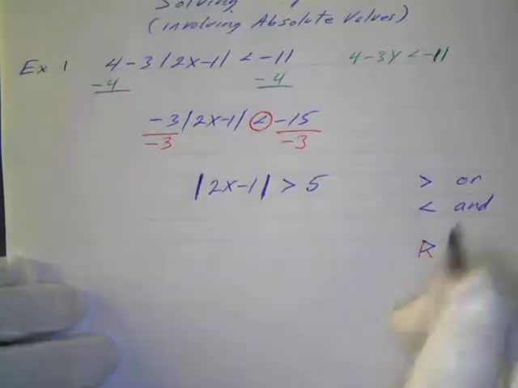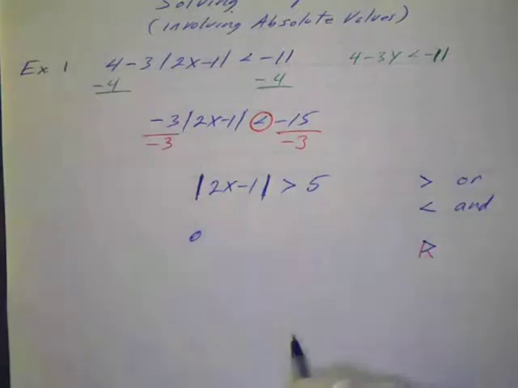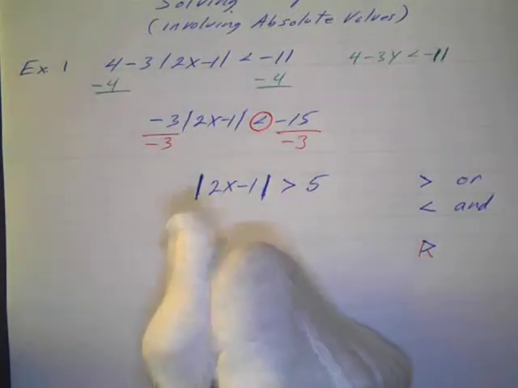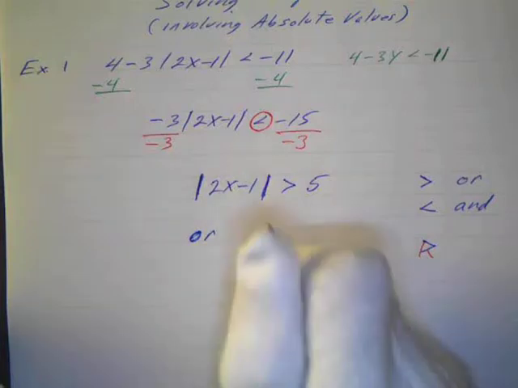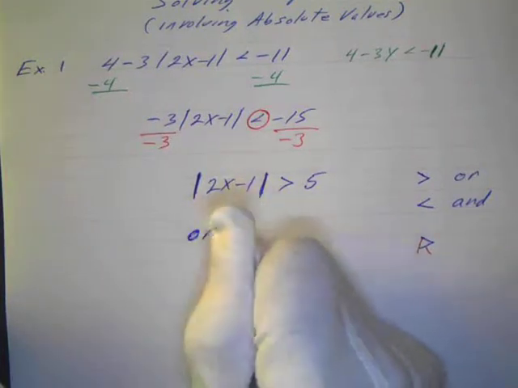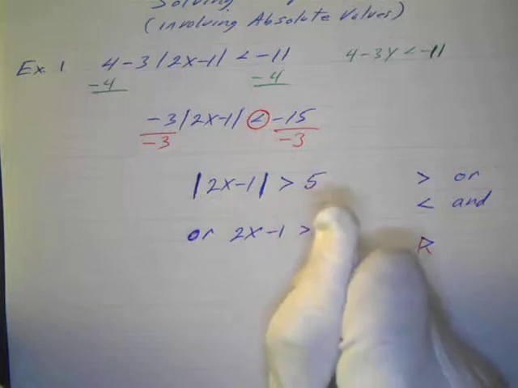So now we can rewrite this as a disjunction, or. What we do is write this without the inequality on the right side, exactly the way it is: 2x minus 1 is greater than 5.